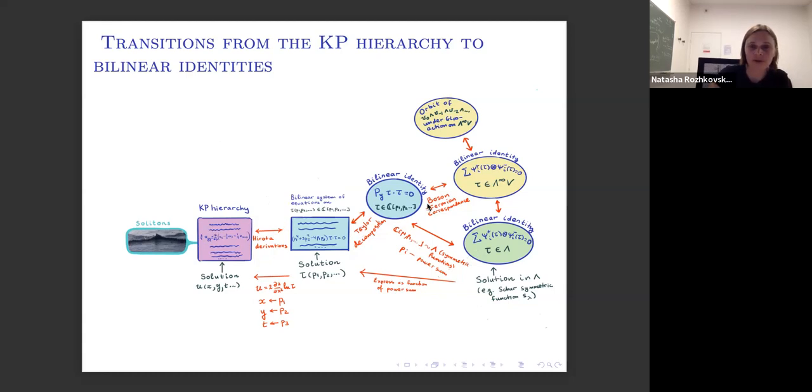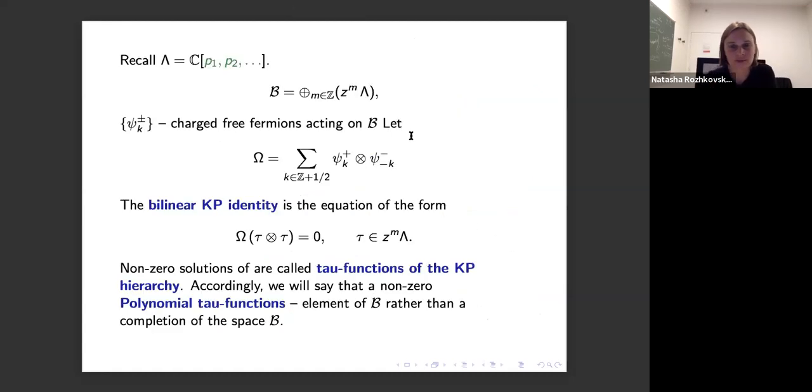So from the KP hierarchy, we go somewhere here. And now I'm going to discuss here. We're again back in the boson-Fock space, which is a ring of symmetric functions generated by power sums. We have charged fermions which act here, and since they act here, we can write down this kind of operator.